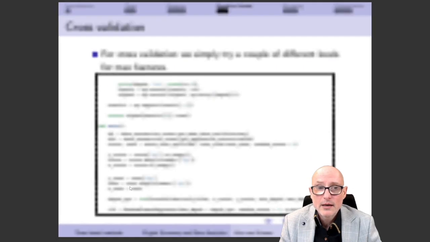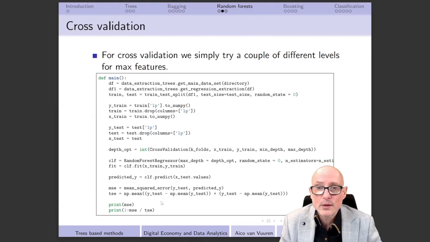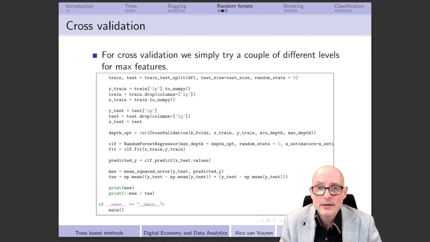In the end we again have our random forest regressor, and after we have gotten the optimal depth, we can do the fitting process based on the optimal depth and calculate the MSE as well as the R squared in the test sample.